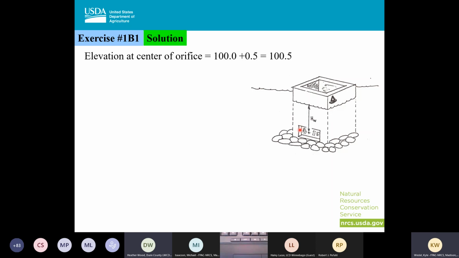So to find the center of it, I take the midpoint of those two. I'm going to take that 1 foot divided by 2 to get 0.5 feet. Then I take my 100 plus my 0.5 to get 100.5 feet, and that gives me the center of my orifice. And then we were given that our water surface elevation up here was at 106. So I took my 106 minus my 100.5 to find that my head is 5.5 feet.